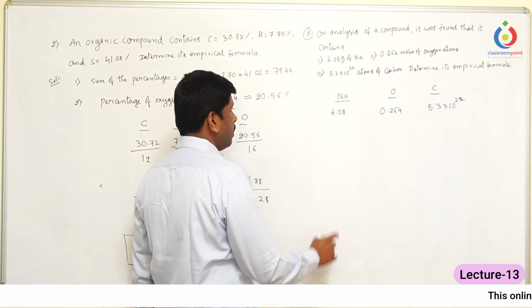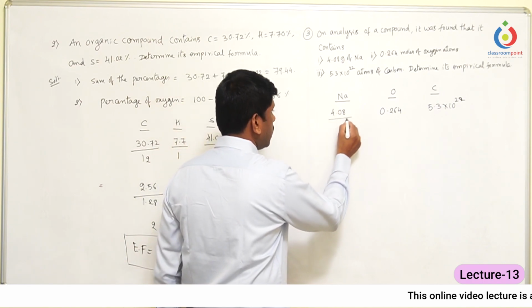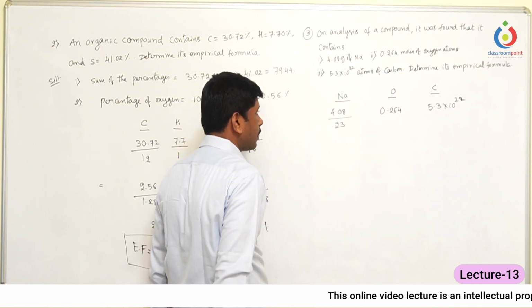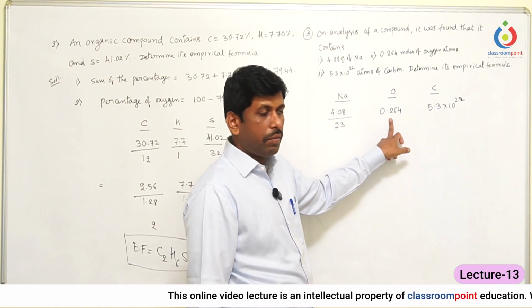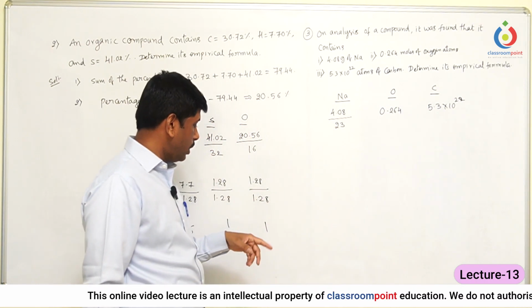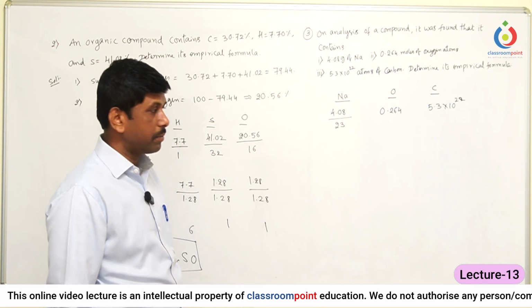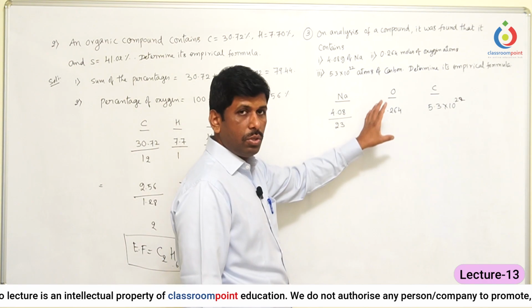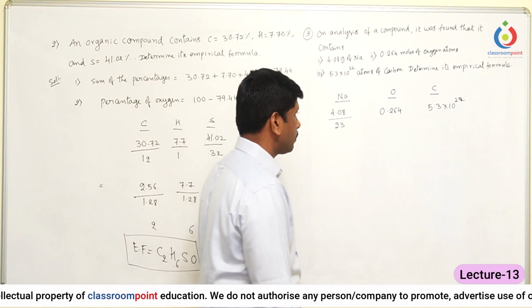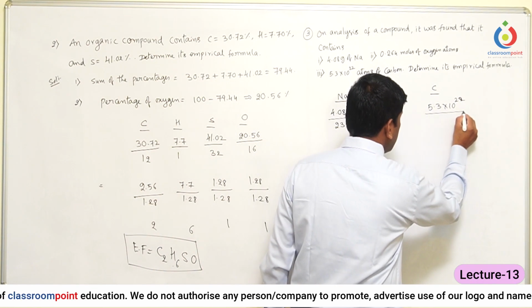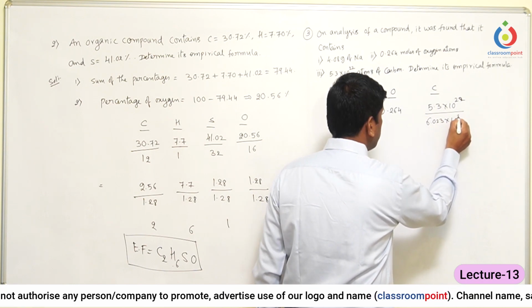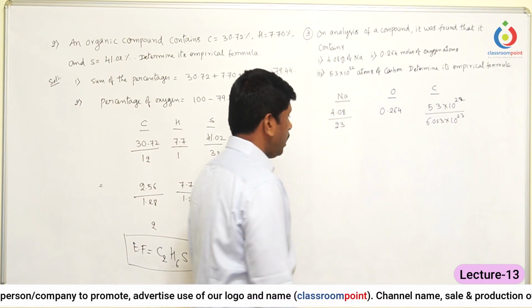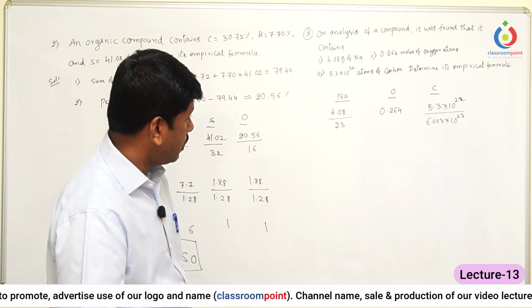So let us divide the mass by the respective atomic mass, 23. Here directly moles are given, so it is not necessary to divide. Why? Because our intention is to get the moles ratio. This is moles only, so we need not touch the oxygen part. And here divide the given number by Avogadro's number, 6.023 into 10 power 23.